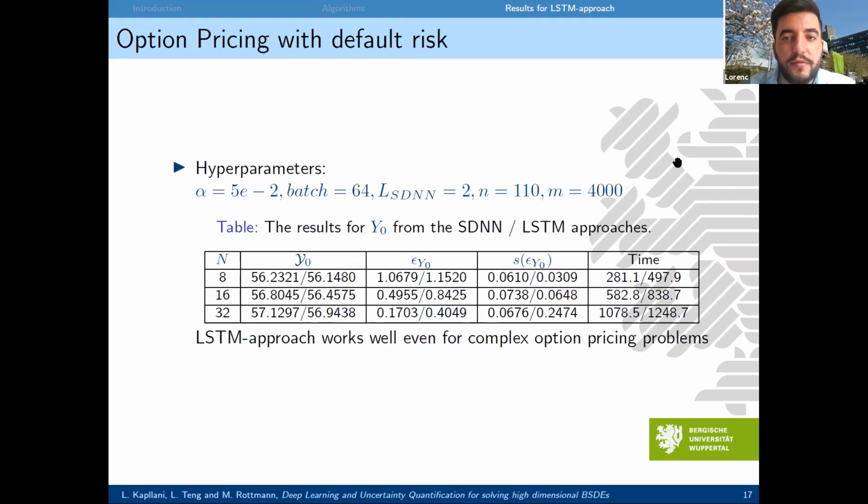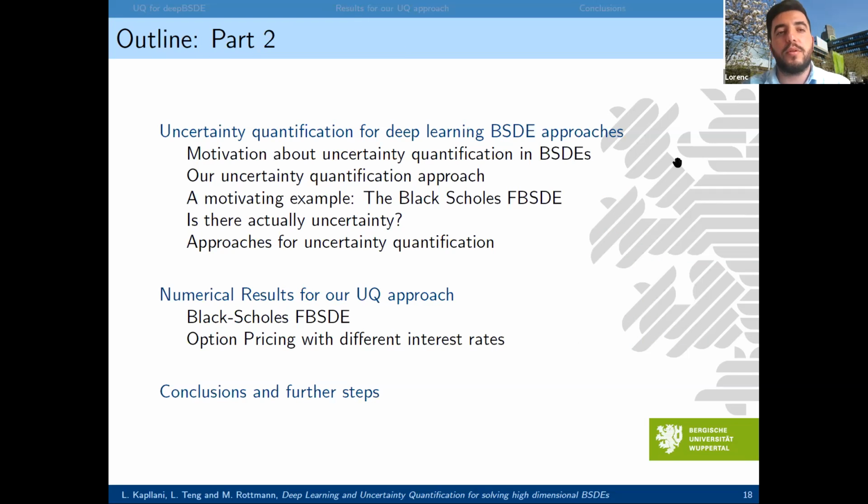So this is the first part of the talk, which was about this new algorithm that we developed. Now I'm going to talk about the second part, which is, as I told you, joint work with Dr. Matthias Rothman. This is about uncertainty quantification for deep learning BSDE approaches.